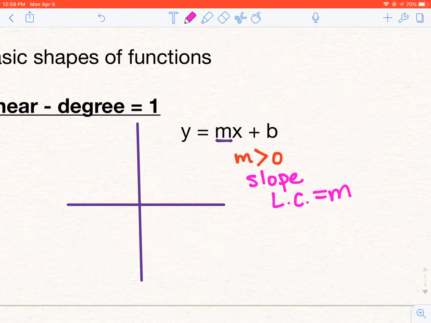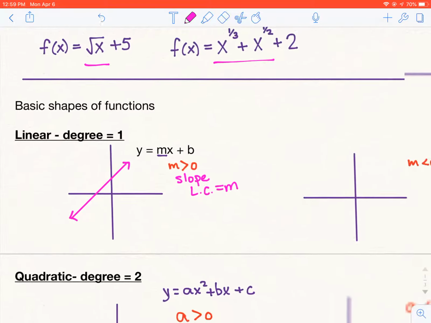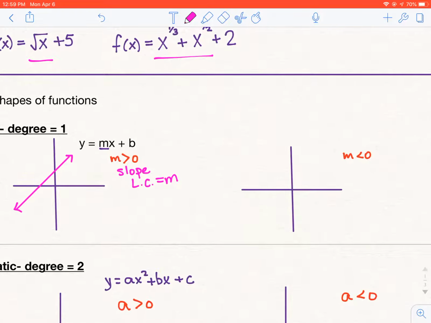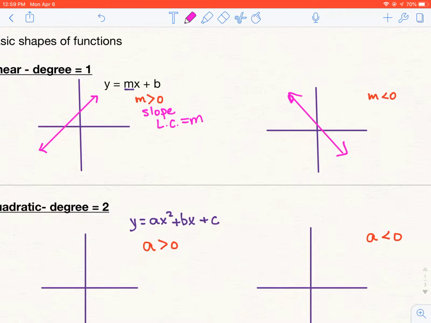We know that if it's a positive slope, when m is greater than 0, our graph looks something like this, right? Some sort of line. I don't know where it's going to cross, but I know it has to be in that direction. And when it has a negative slope, then I know that my line is going to go this way. Okay, and we talked about that before. Those are some things that you should know right off the bat.